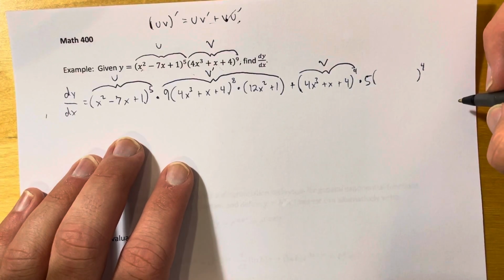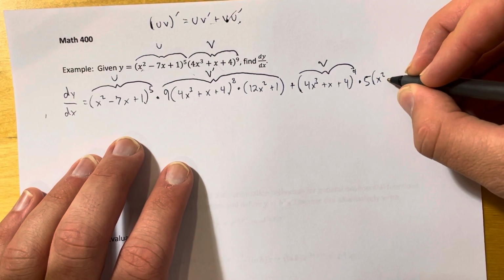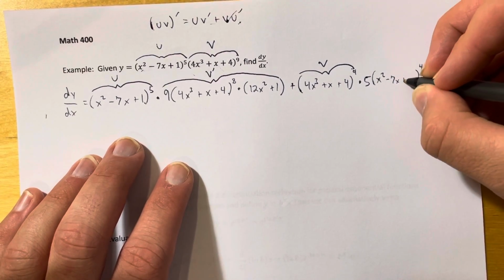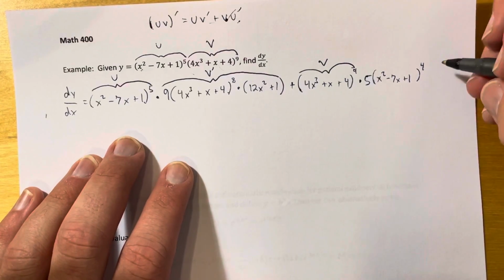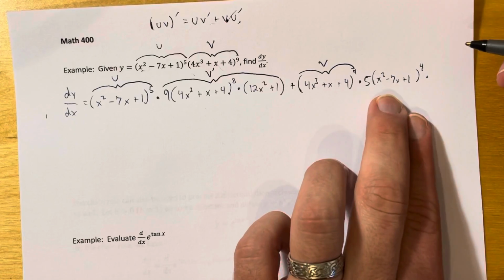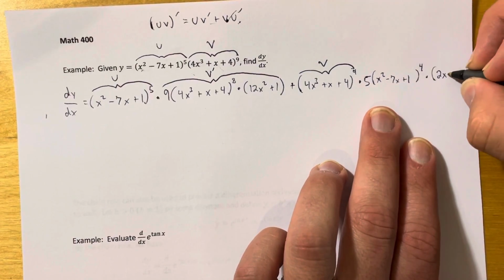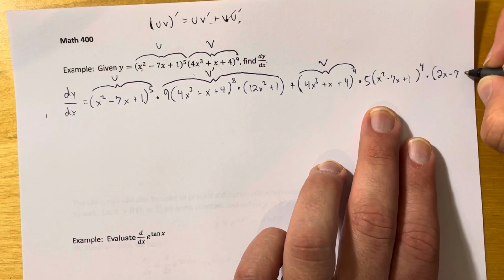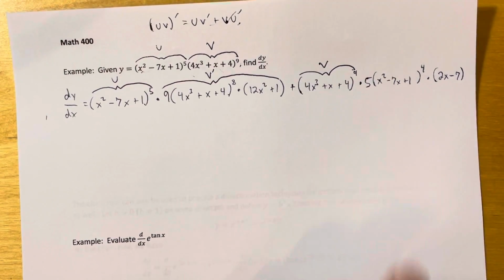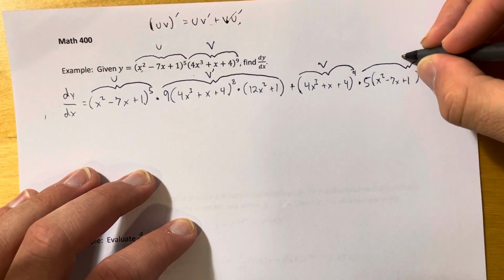I've subtracted 1 from my exponent. That's the power rule on my outside function. The inside function stays the same, x squared minus 7x plus 1. And then I multiply that by the derivative of this inside function, which would be 2x minus 7. Okay? This entire thing right here is u prime.